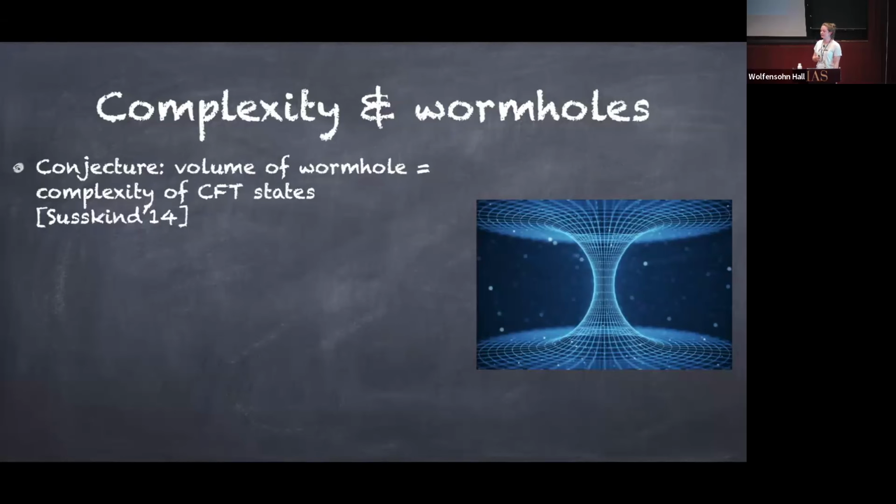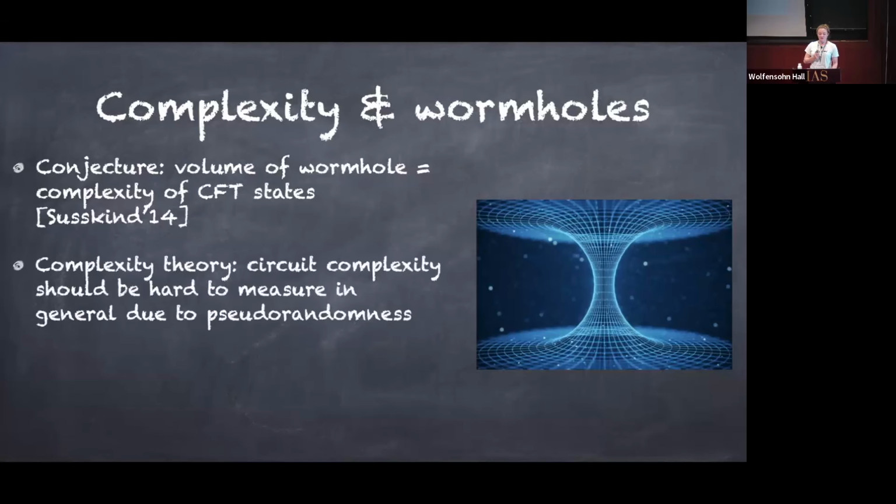And again, from a physicist's point of view, this conjecture seems very reasonable. But from a complexity theorist's point of view, this doesn't seem so reasonable necessarily. And that's because complexity theorists think that circuit complexity should be hard to measure in general due to pseudorandomness. There have been some really nice talks on pseudorandomness earlier in this conference by Robert yesterday and by Fermi last week.